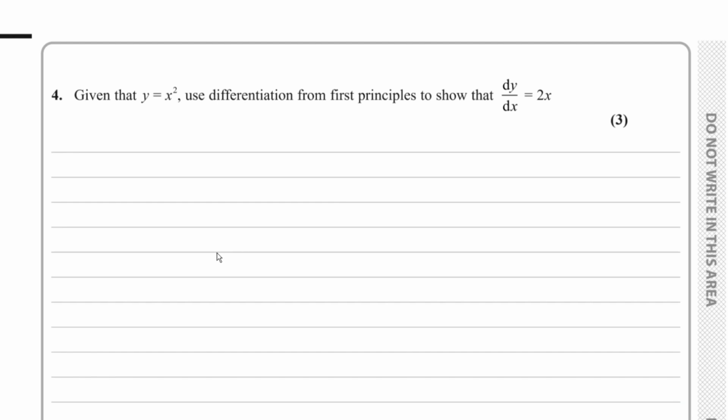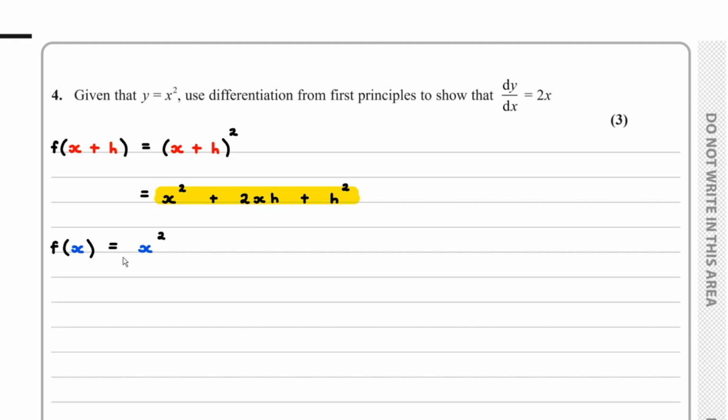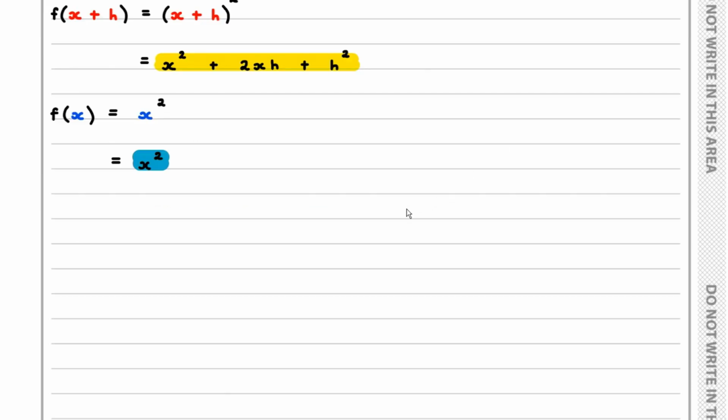So, f of x plus h, that's equal to x plus h all squared, which simplifies to x squared plus 2xh plus h squared. And f of x, that's equal to x squared. Therefore, f dash of x, that's equal to the limit as h tends towards 0 of f of x plus h subtract f of x over h.